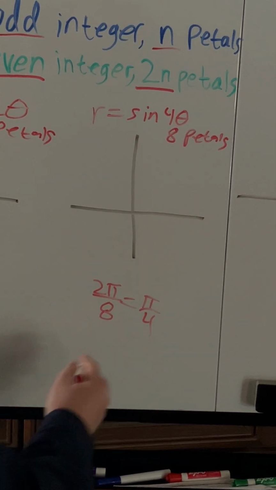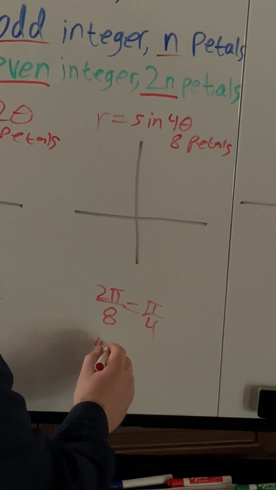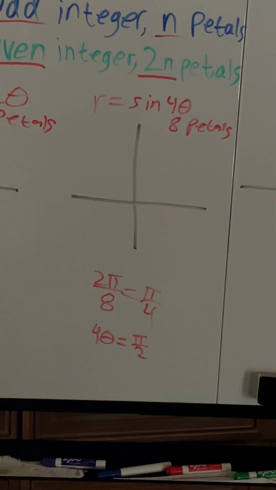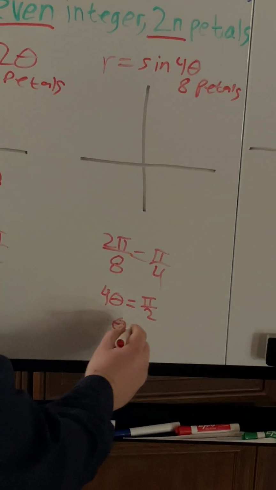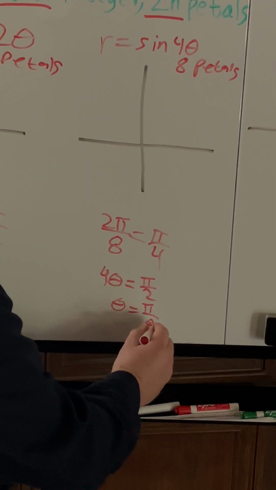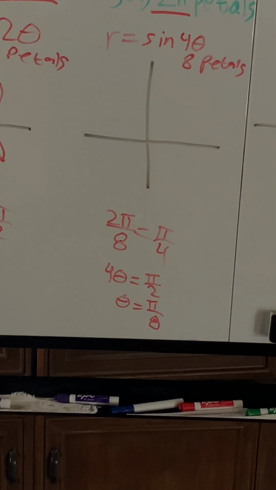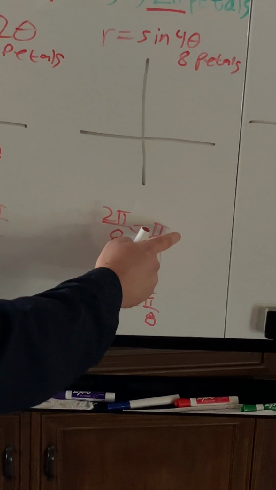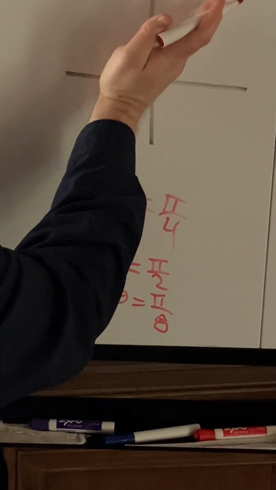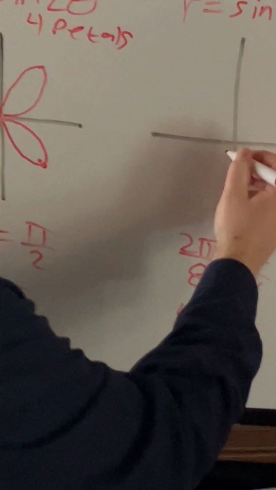Where's the first one? Where 4 theta is 90, or pi over 2, meaning theta is pi over 8, aka 22.5 degrees. So they're all 45 away from each other. The first one is basically halfway between 0 and 45.